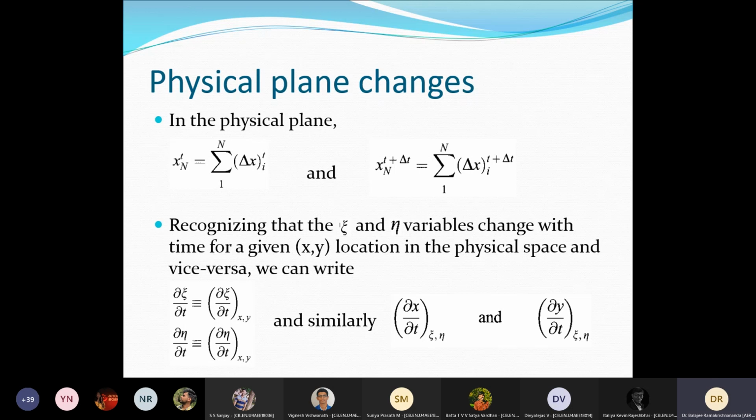So in the physical plane also, xi and eta change with time. So you can say dou xi by dou t and dou eta by dou t. So dou xi by dou t, the subscript x, y is given to say that it is in the physical plane. Similarly, dou eta by dou t also corresponds to the physical plane. In the computational plane, xi and eta are fixed, but x and y of each point is changing with time. So dou x by dou t at xi eta and dou y by dou t at xi eta.